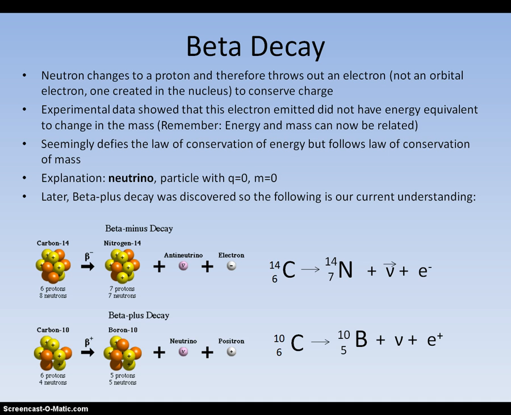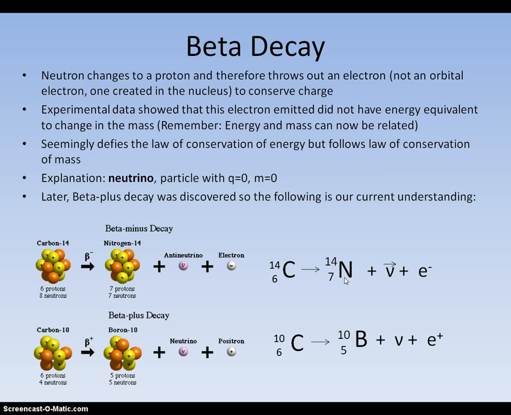It's an antiparticle. Okay? And if you look over here, this shows an animation, but this actually shows what it looks like. So you've got carbon 6, and it has a mass of 14. So you're taking a neutron and you're turning it into a proton. So you have a different number of protons, so you become a different element. Now you're nitrogen.